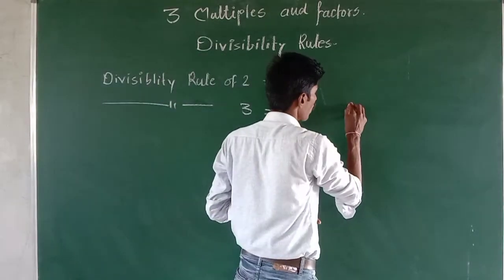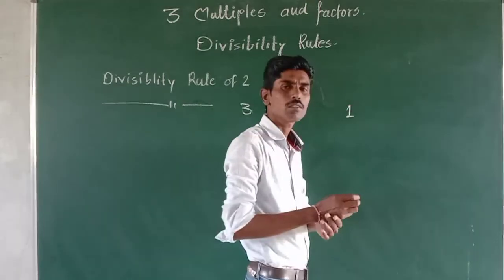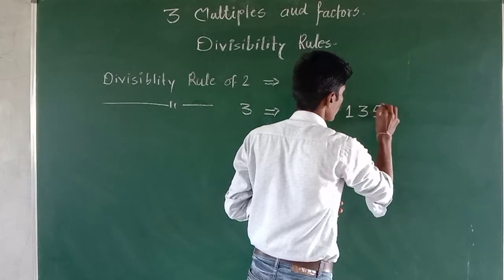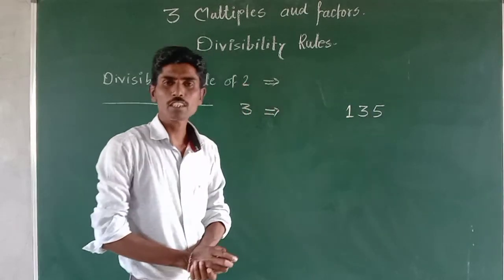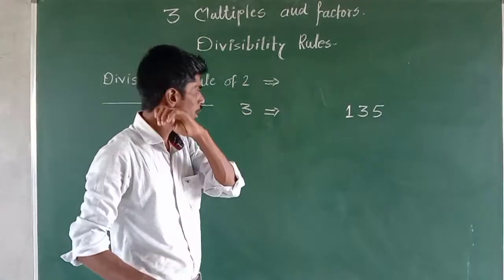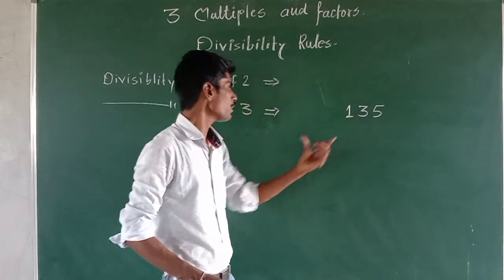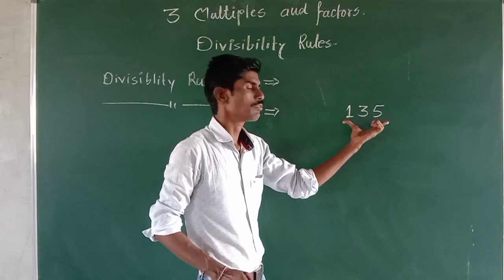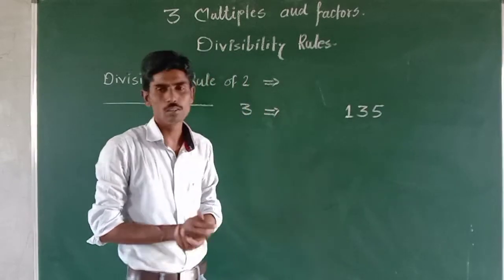Suppose 135 is the number, and we have to know whether it is divisible by 3 or not.